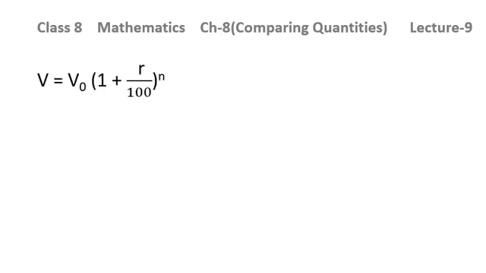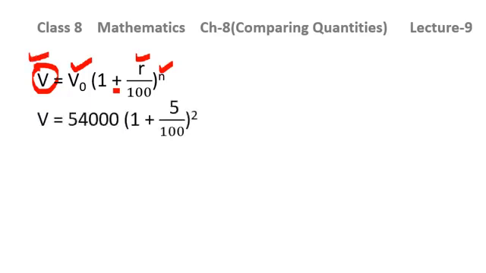So this is the formula. This is your future value. This is your present value. This is the rate by which the population is increasing or decreasing. If it is decreasing, then you will be taking a minus sign here. And this is the number of years. Basically, this is what I needed to tell you in this part specifically.